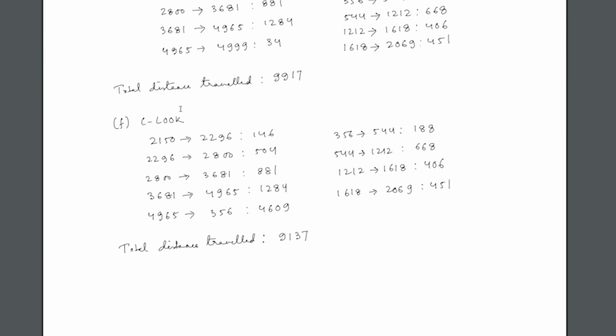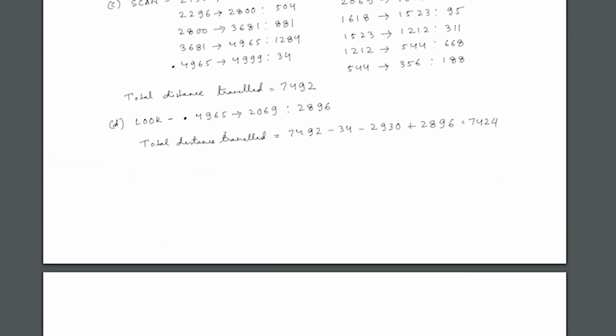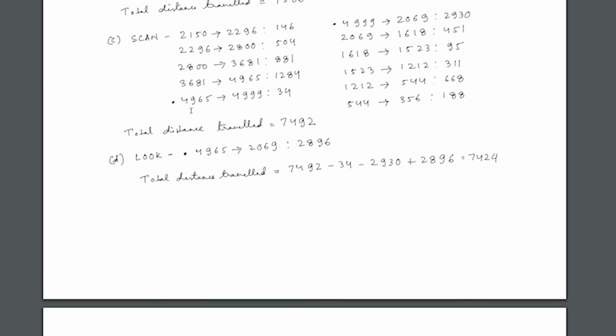Now let's go to the last algorithm, the C-LOOK algorithm. C-LOOK is just a variation of the LOOK algorithm. In the LOOK algorithm, the heads will not go to the very end of the disk. As we saw, they directly went from 4965 to 2069. But in C-LOOK, what is going to happen?